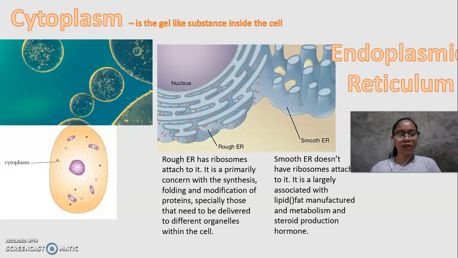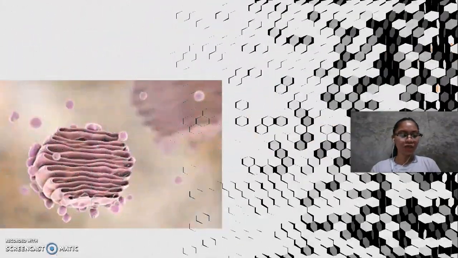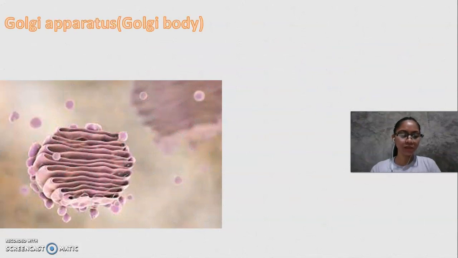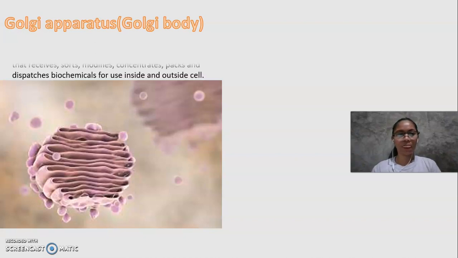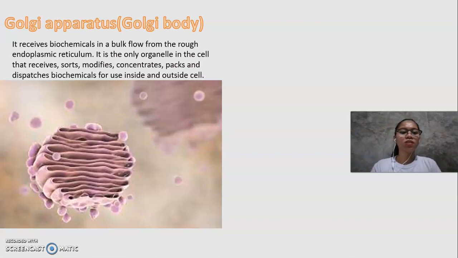Proteins and other materials emerge from the endoplasmic reticulum in small vesicles where the Golgi apparatus, sometimes called the Golgi body, receives them. The Golgi apparatus receives biochemicals in bulk flow from the rough endoplasmic reticulum. It is the only organelle in the cell that receives, sorts, modifies, concentrates, packs, and dispatches biochemicals for use inside and outside of the cell.